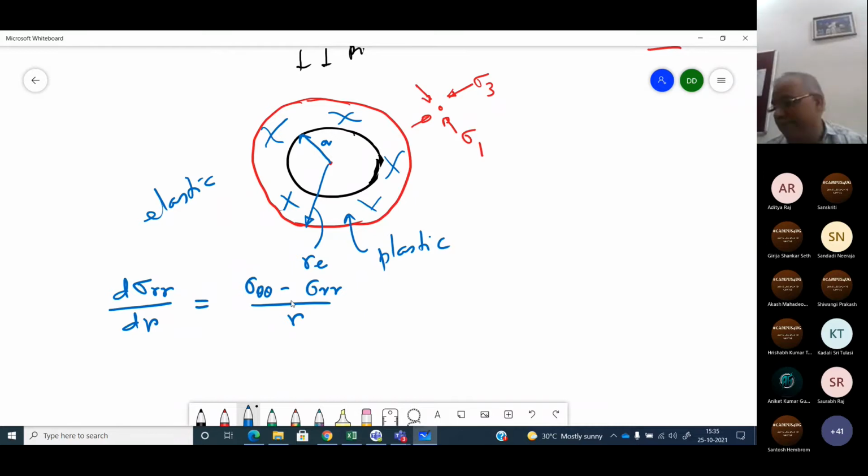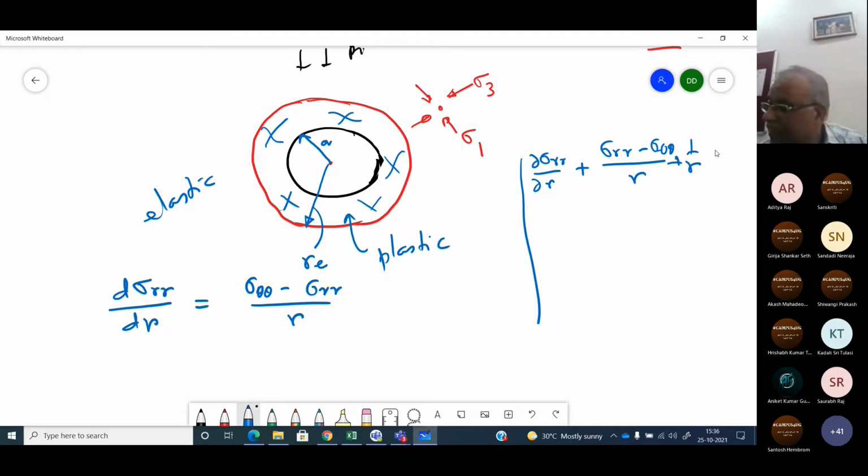Page number 107. What it says is, for a polar coordinate system, del sigma rr by del r plus sigma rr minus sigma theta theta by r plus 1 by r del tau r theta by del theta plus some br is 0. This is the stress equilibrium equation, the generalized equation.